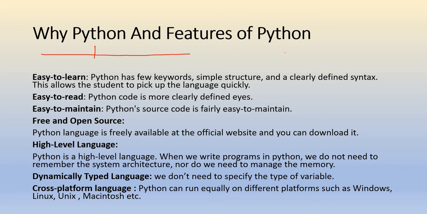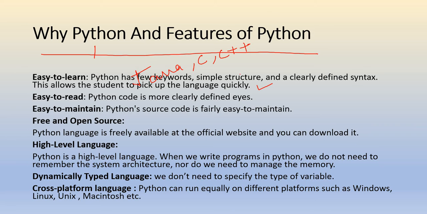So initially, why Python and the features of Python? As compared to the previous programming languages like Java, C and C++, Python is very easy to learn. It has a very small set of keywords, it follows a simple structure, and the syntax is also very easily understandable.